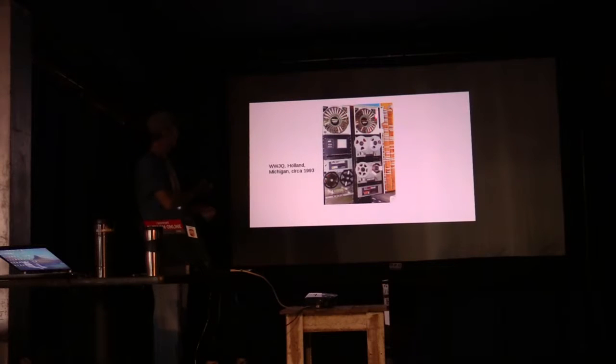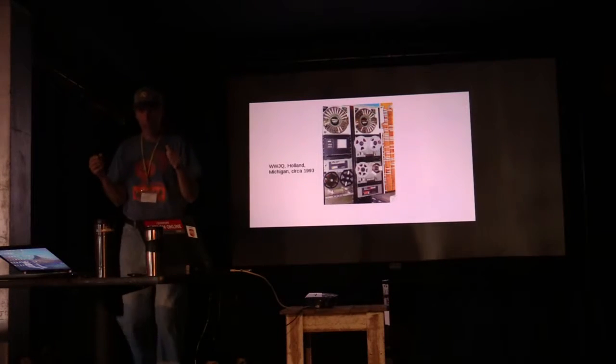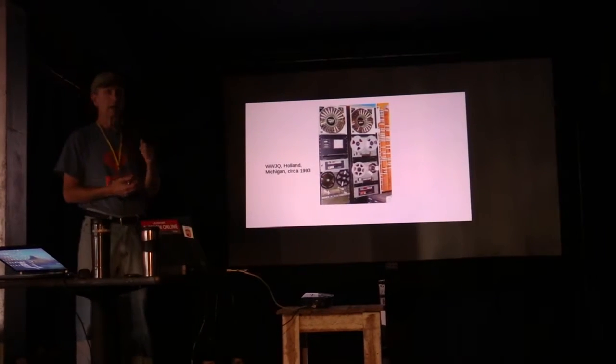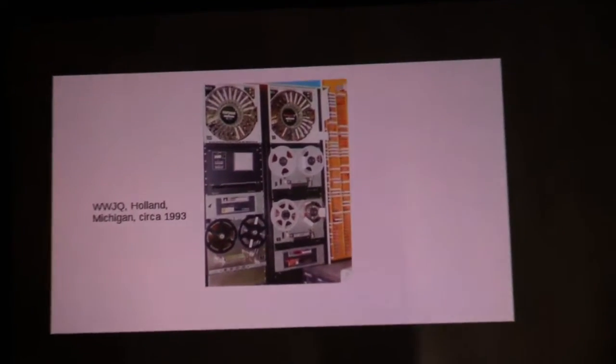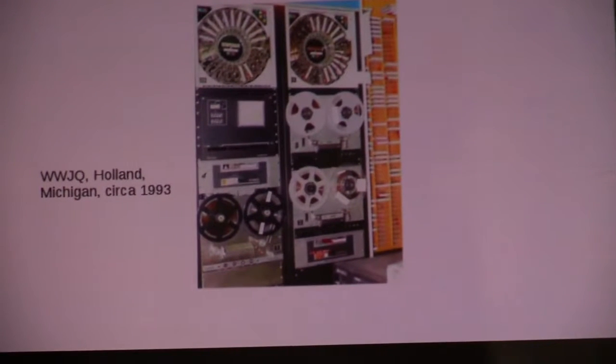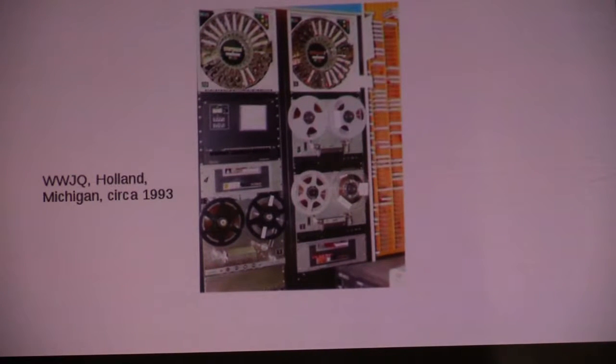These two round things up here are tape carousels, and my actual first paying radio job was at WUWM in Milwaukee, non-commercial, NPR affiliate, and the chief engineer was so proud of that thing.